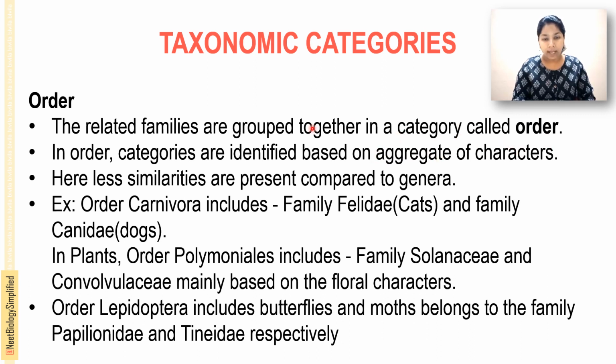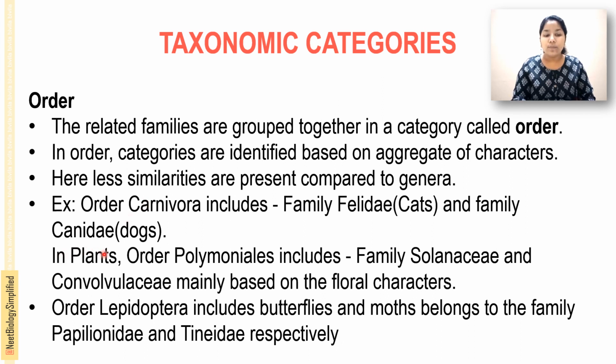Here fewer similarities are present compared to the genera. Example, order Carnivora includes family Felidae, that includes the cat, and family Canidae, that contains the dogs. So family Felidae and family Canidae come under the order Carnivora.